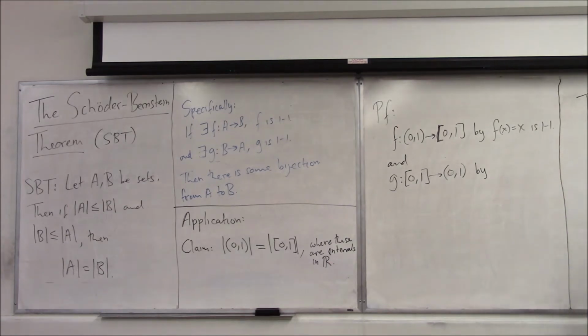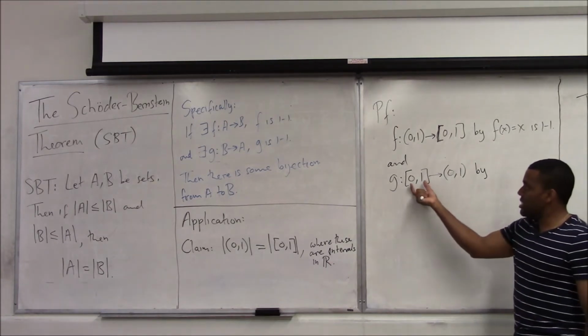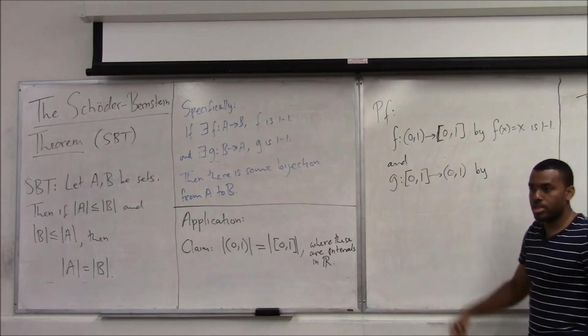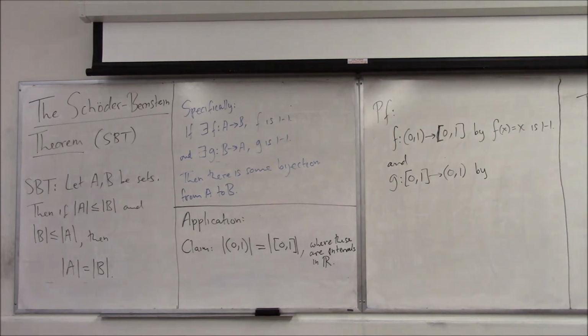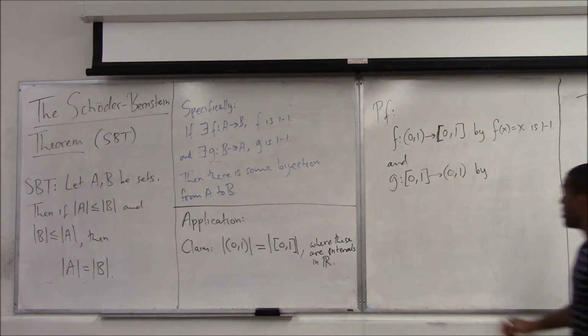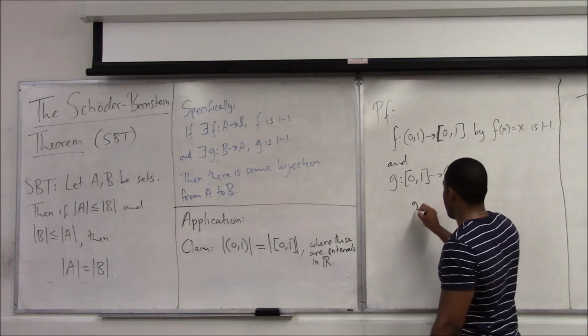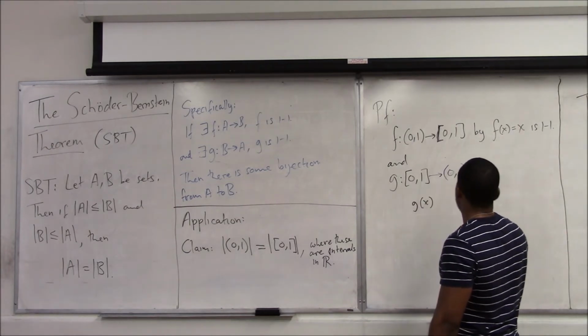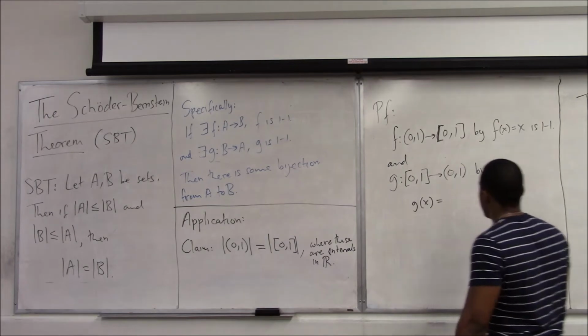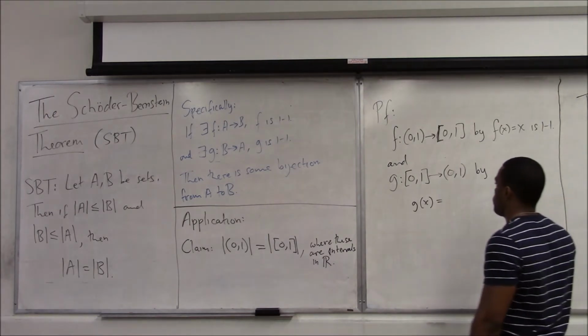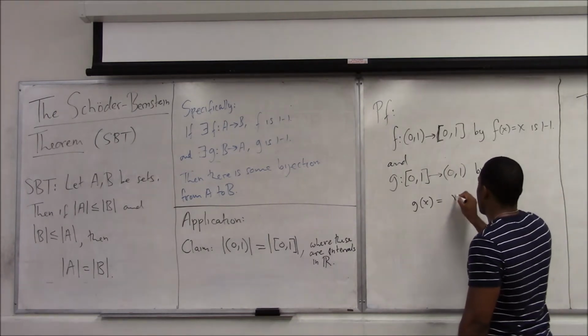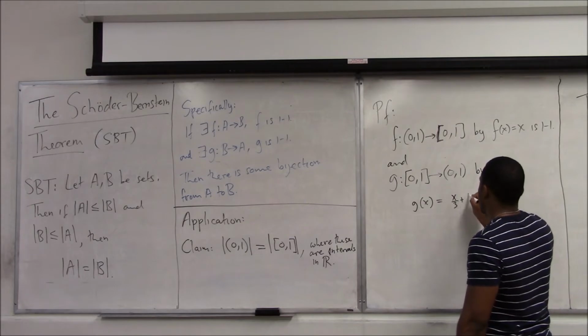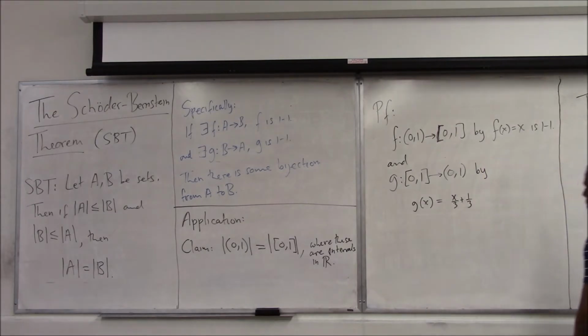So what I can do is maybe send this guy to a smaller subset of that guy in a 1-to-1 way, and that can be done in many ways, but here's one of them. g of x equals something like x over 3 plus a third.